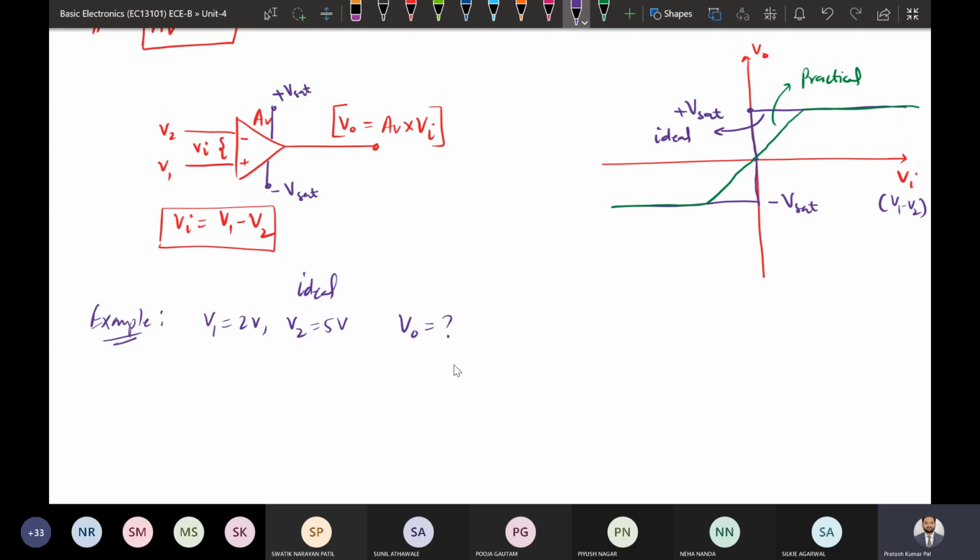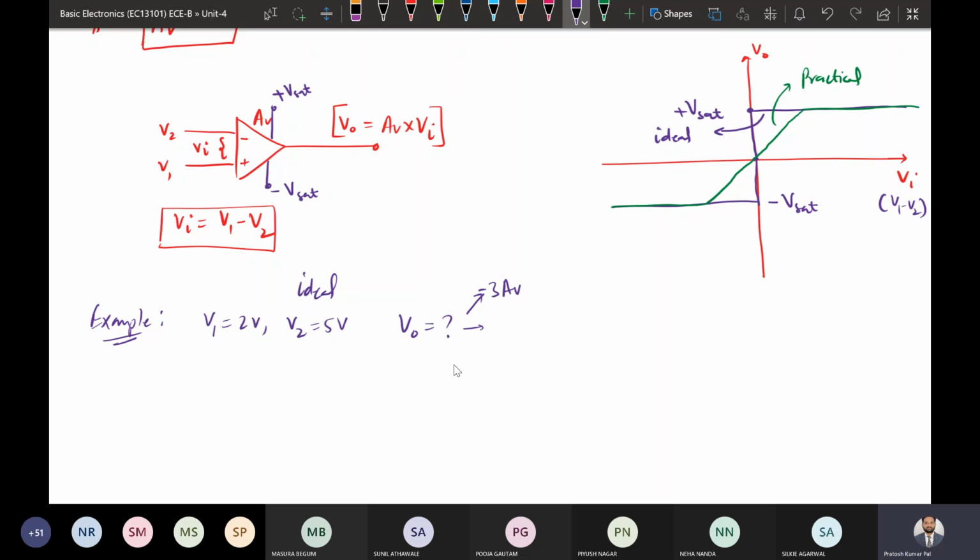Yes, what will be the output? Sir, minus 3 AV. Minus 3 AV. Okay, so one option is minus 3 AV. Any other student?